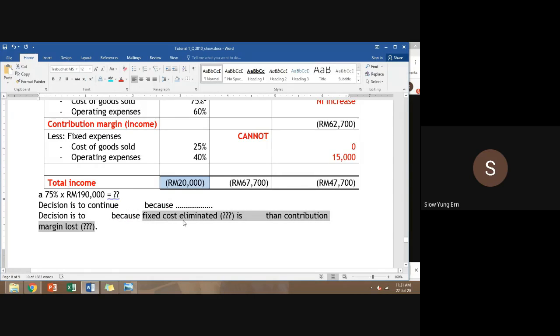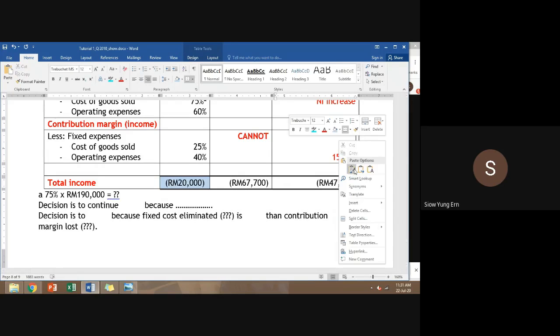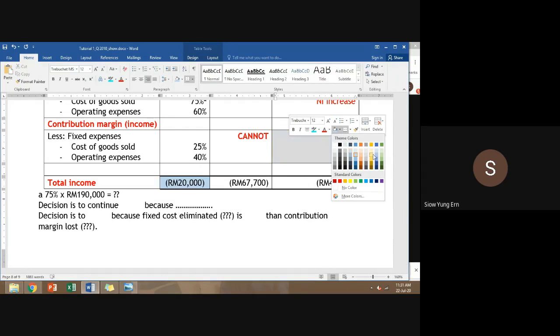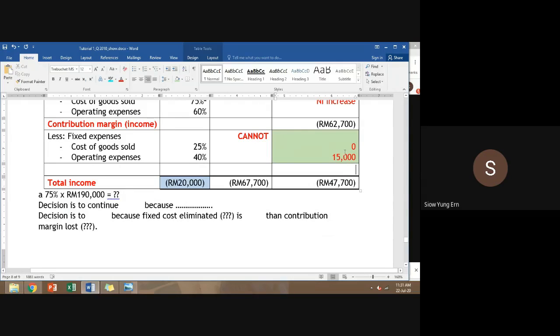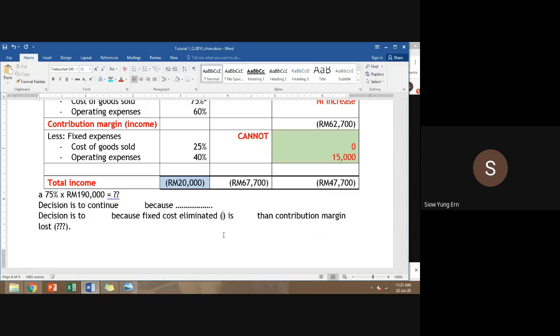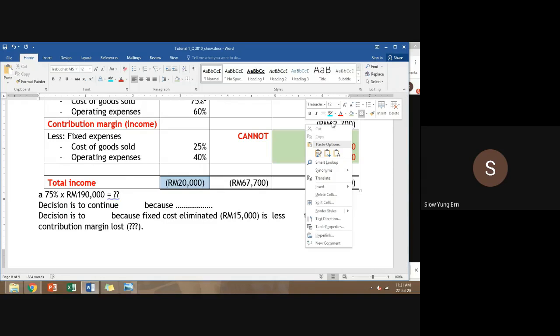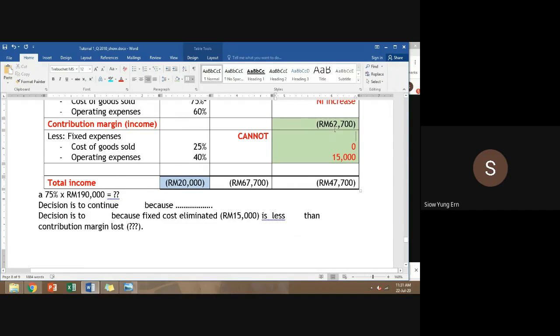Fixed cost eliminated, which is here, is 15,000, is less than contribution margin loss, which is here, 62,700.